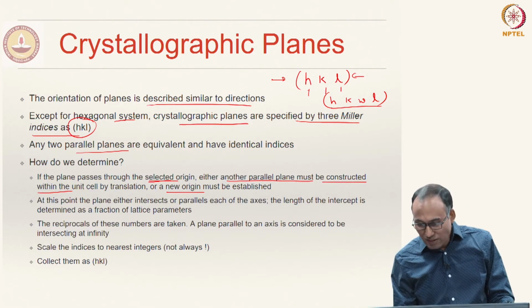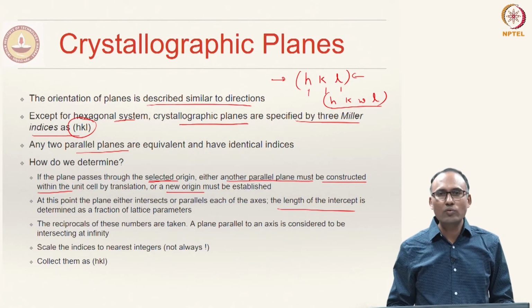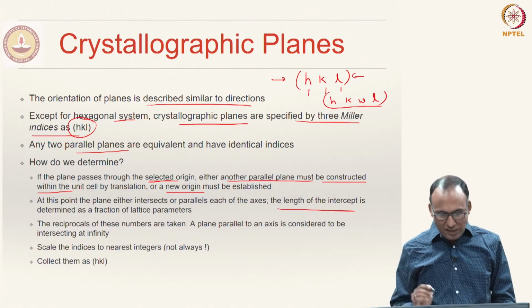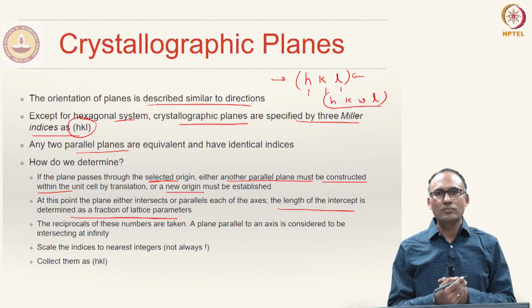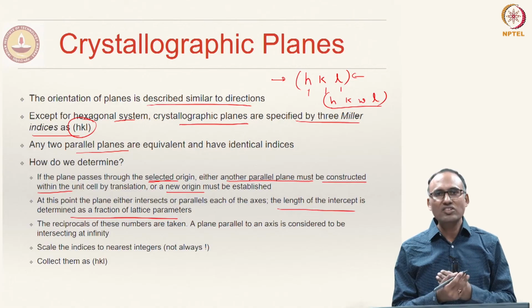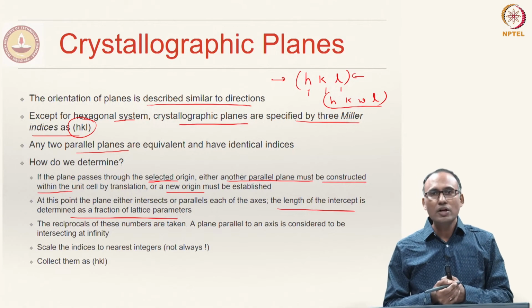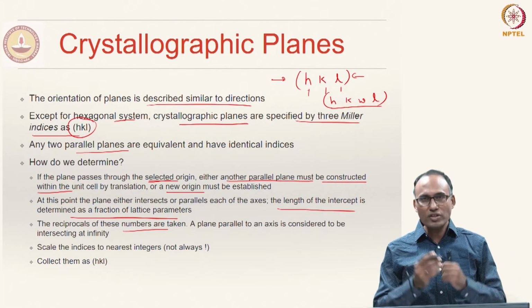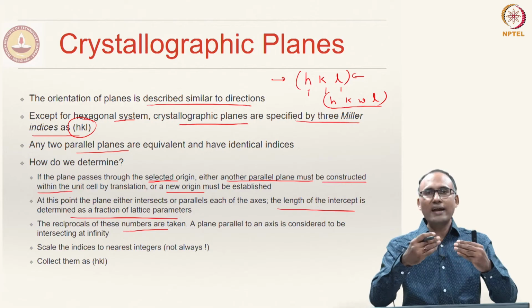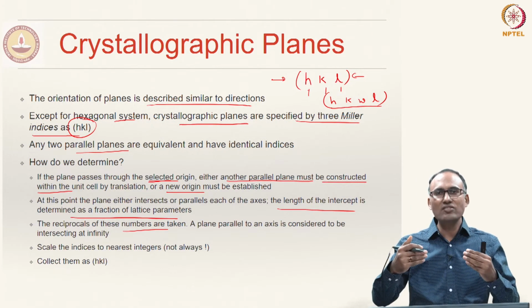And then we determine the length of the intercept, at what length it is intercepting. The length of the intercept is determined as a fraction of the lattice parameter, and then you have to take the reciprocals of those numbers. So, first you identify the intercepts and write them as fractions of the lattice parameter.